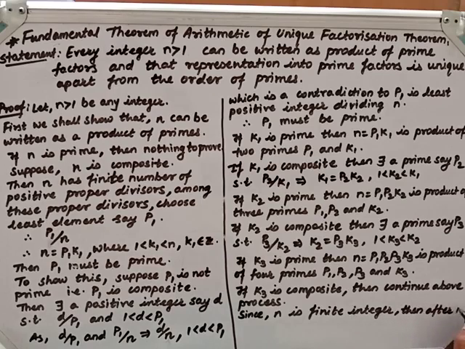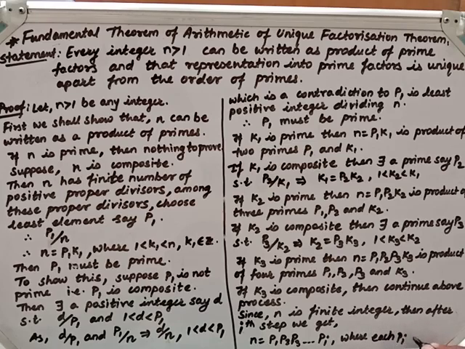Suppose after the ith step we get n equal to P1 P2 P3 and so on up to Pi, where each Pi is prime.